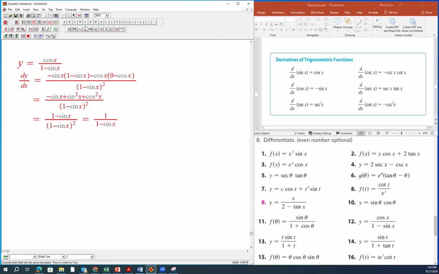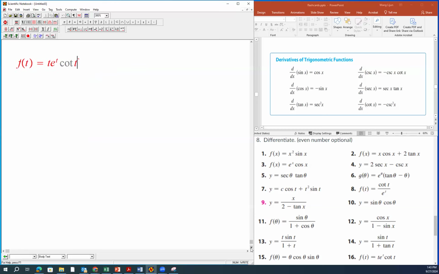Okay, so f of t equals t times e to the power t cotangent t. We got 3 factors. How are we going to differentiate that? No fear.